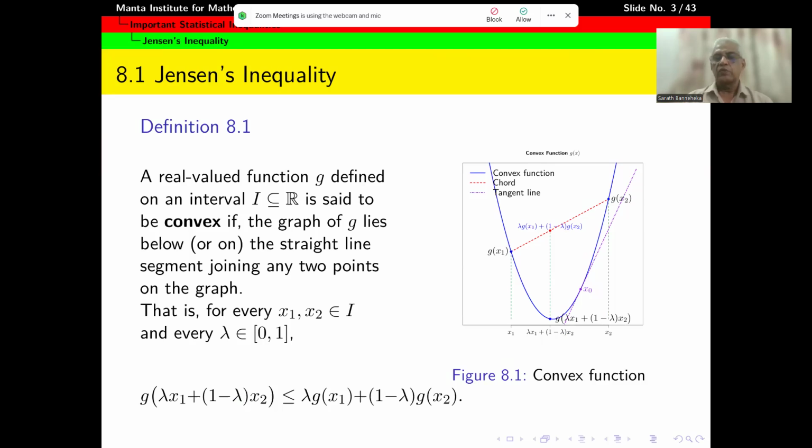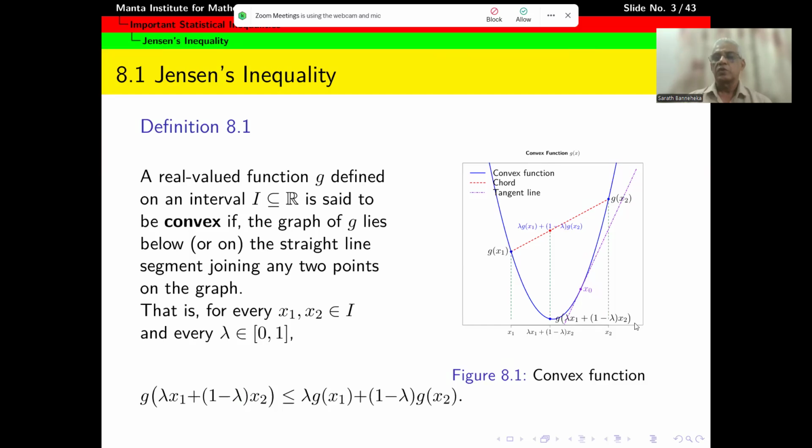Right. So for a convex function, always the point on the line segment, lambda times g(x1) plus 1 minus lambda times g(x2), must be above or equal to the point on the graph. So the point on the graph is g of lambda x1 plus 1 minus lambda x2.